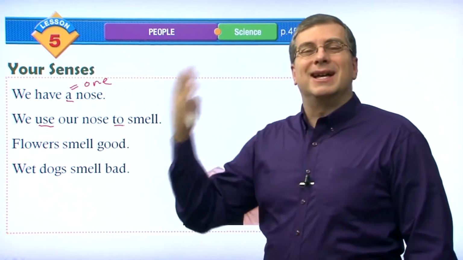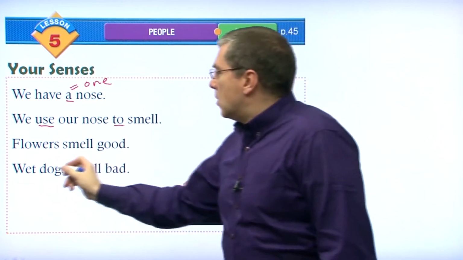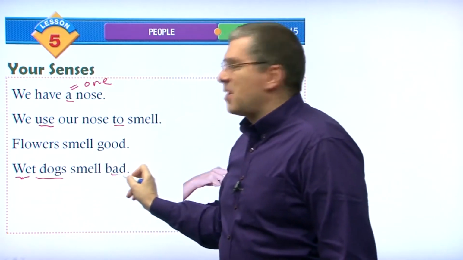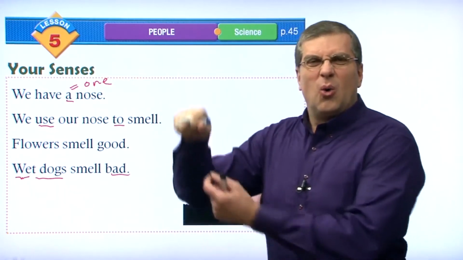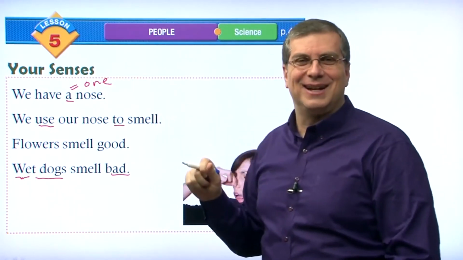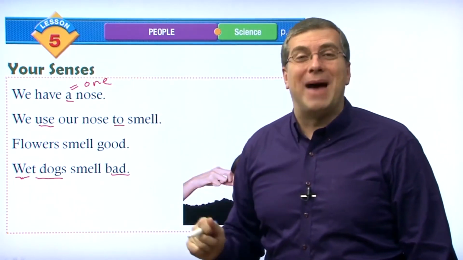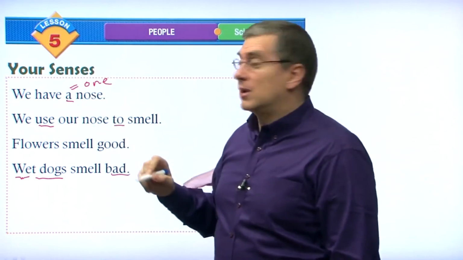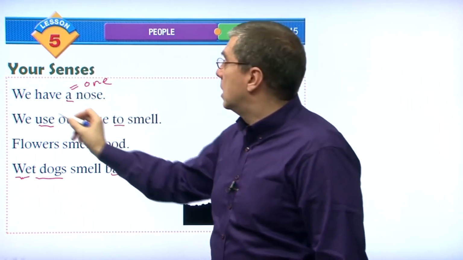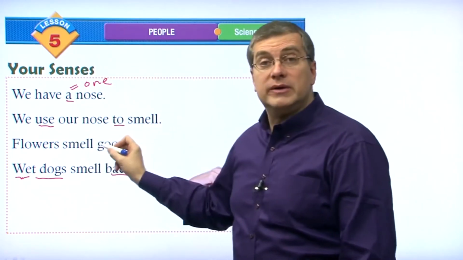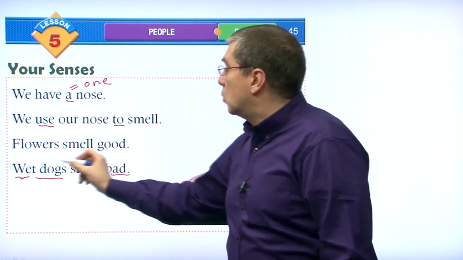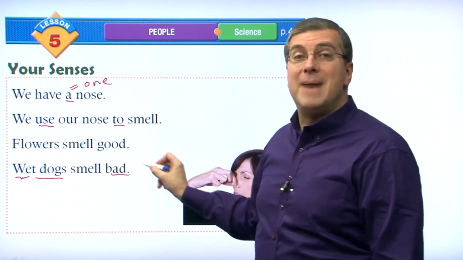Nice, right? Wet dogs smell bad. Wet dogs, wet socks, things like that, they smell bad. Okay, so let's review here. We have a nose. We use our nose to smell. Flowers smell good. Wet dogs smell bad.